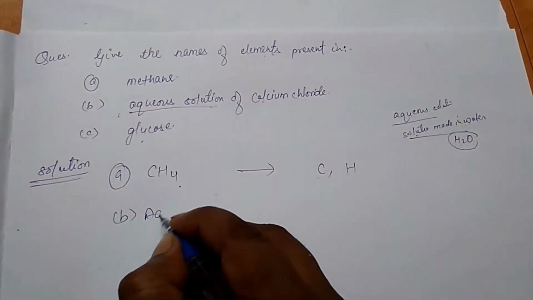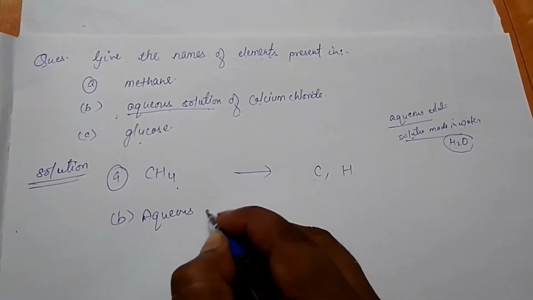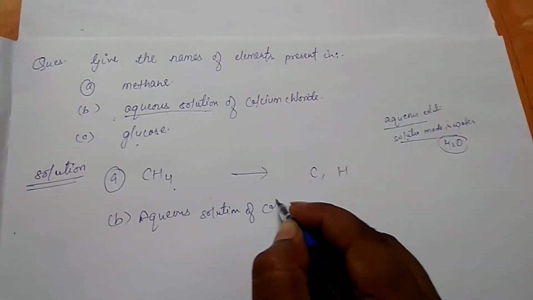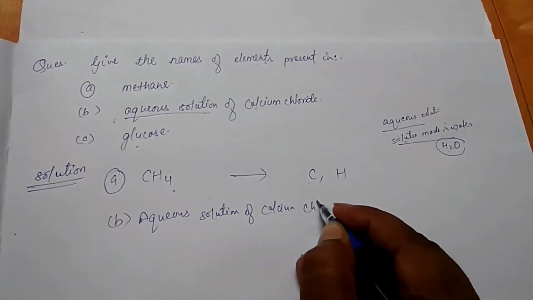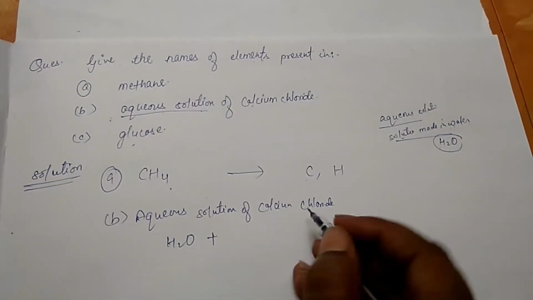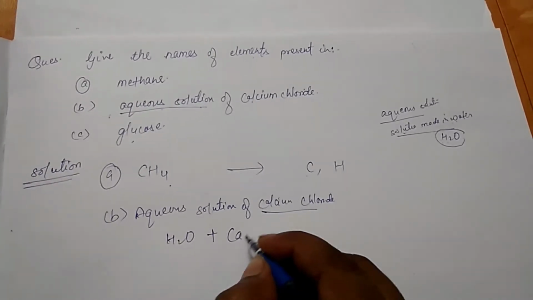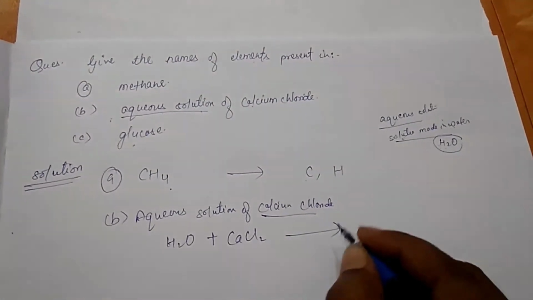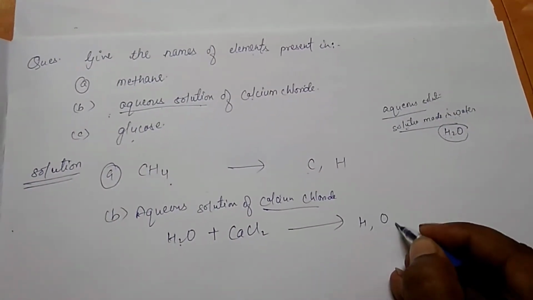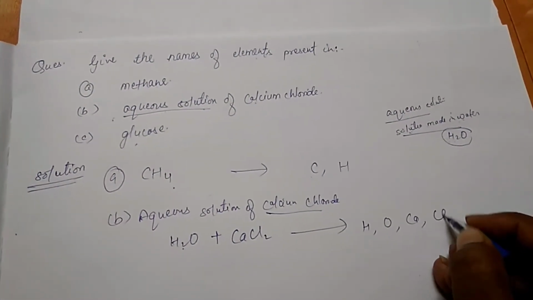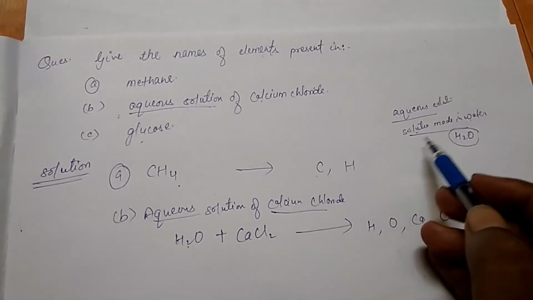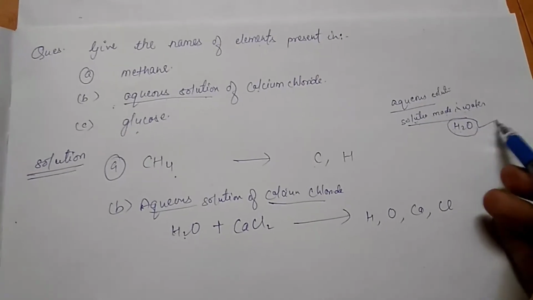So we can write, aqueous solution of calcium chloride means water is there, and the formula of calcium chloride is CaCl2. It means how many elements are present? Hydrogen, oxygen, calcium and chlorine. Now clear children? The aqueous solution, the solution that is made in water.